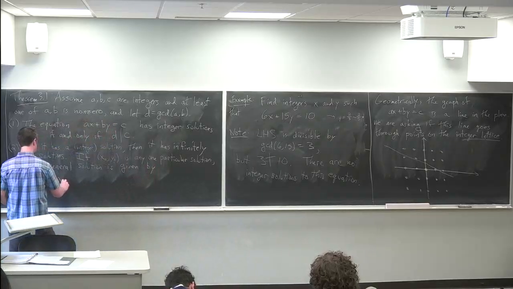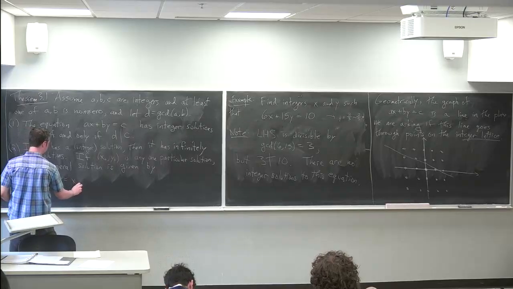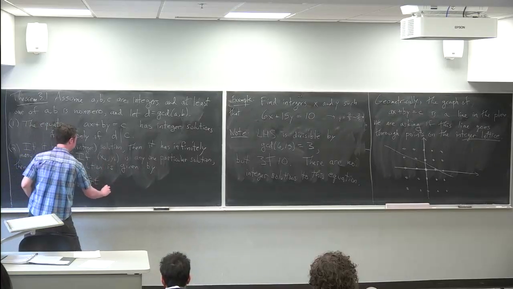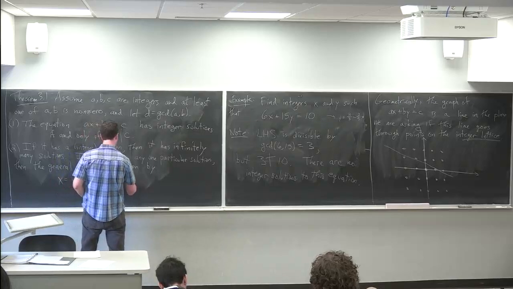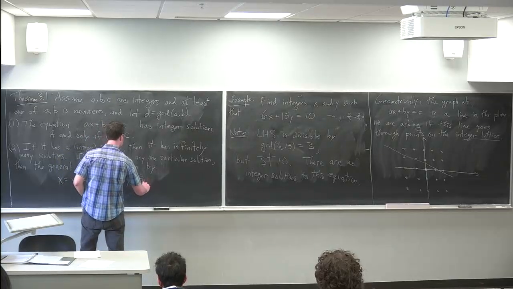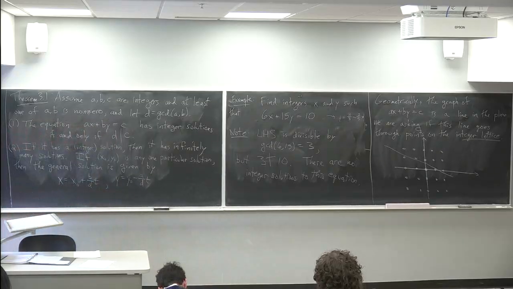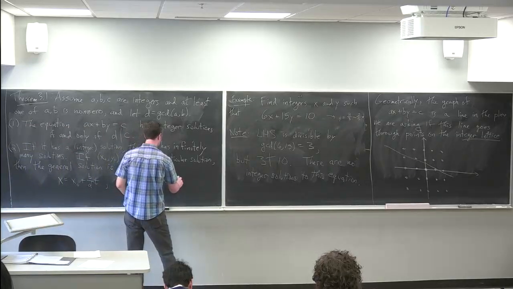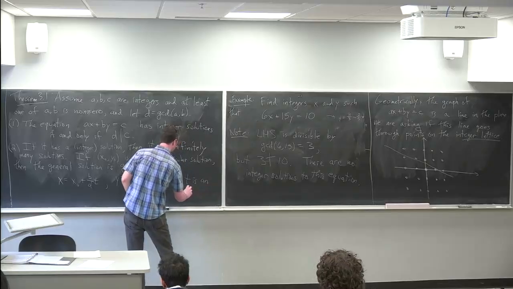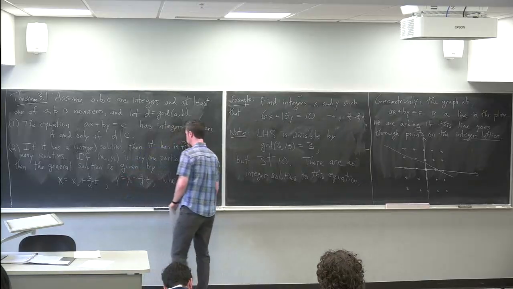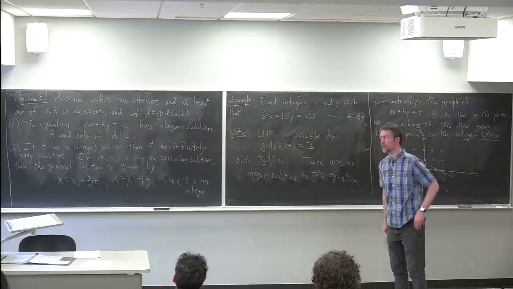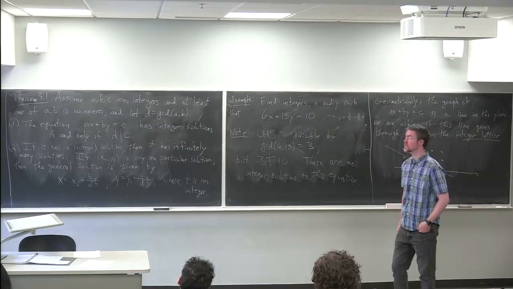The x's are going to look like the x naught you knew about plus b over d times t, and y is the y naught you knew about minus a over d times t. Here t is some kind of parameter, but it's an integer; it could be any integer. So if you consider every pair you get from all the possible integers t, that is the family of solutions. That's what this is asserting.